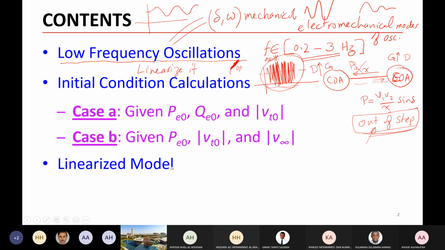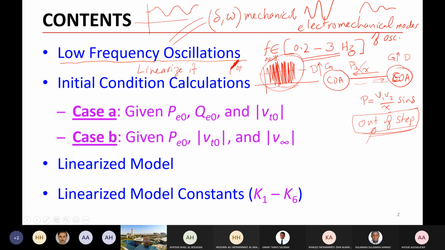So we will develop the linearized model. In the linearized model of the synchronous machine, we have famous constants, K1 up to K6. We will derive the relation between these constants and the initial values. Why do we need to linearize the model?